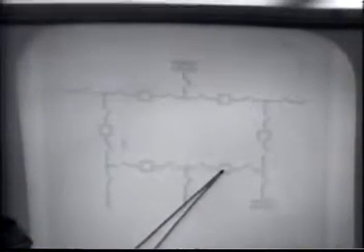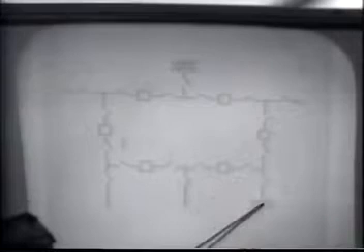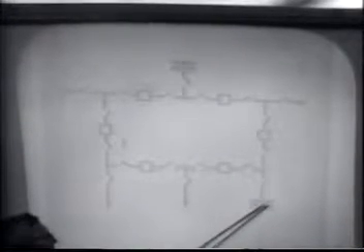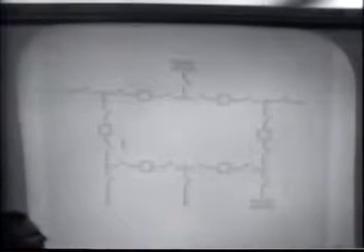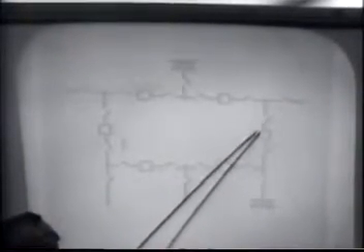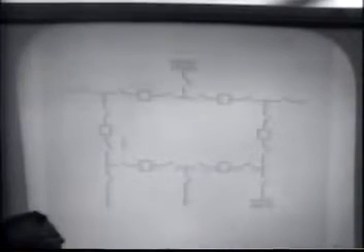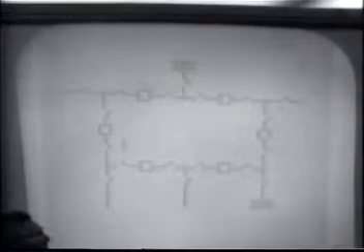This breaker is shared by this line and this transformer. So you have a single circuit breaker for each line or transformer, but it's a half of this one and half of this one. In relaying, we have to operate both of these breakers to disconnect or isolate this transformer.